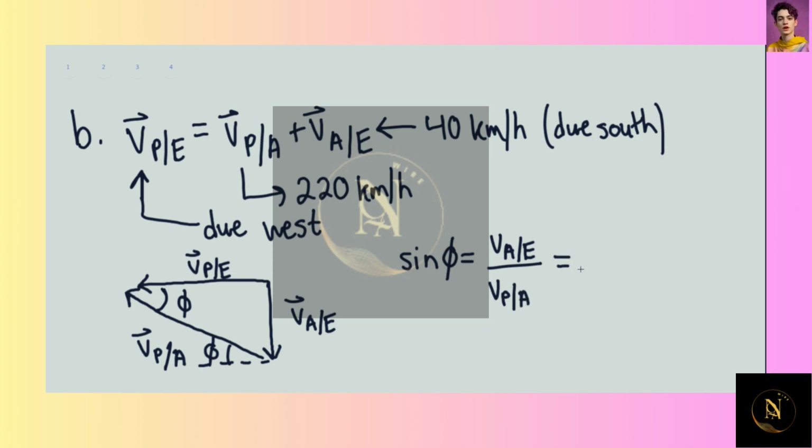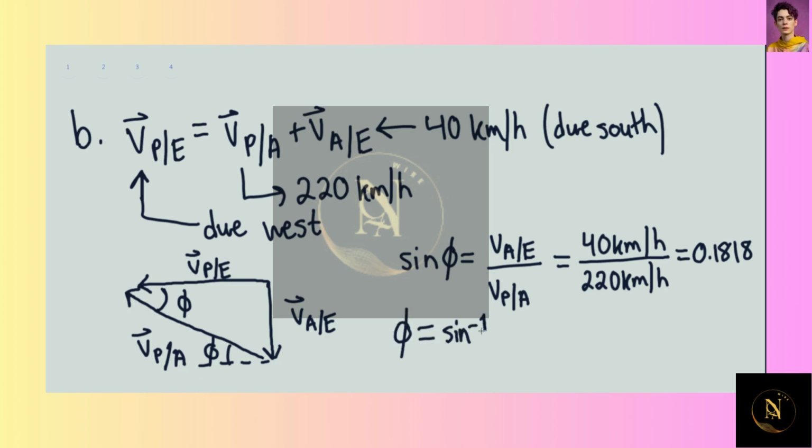This is equal to 40 kilometers per hour divided by 220 kilometers per hour, which gives us 0.1818. Then phi would be arcsine of 0.1818, and we're finding that phi, the direction, would be 10.5 degrees.